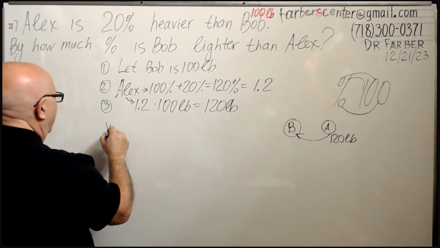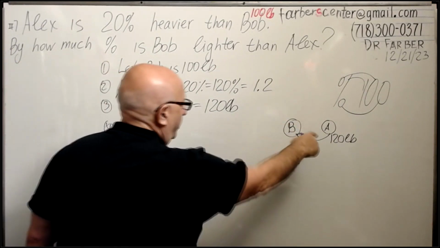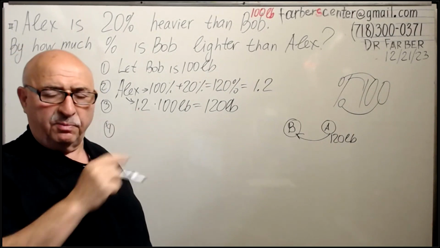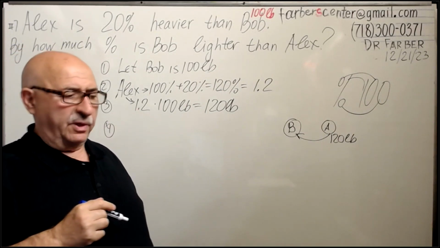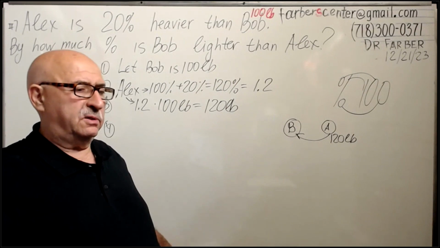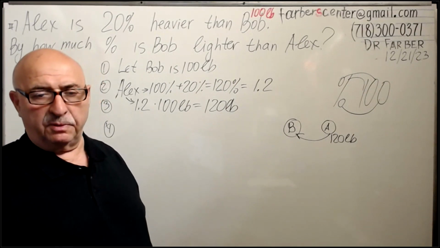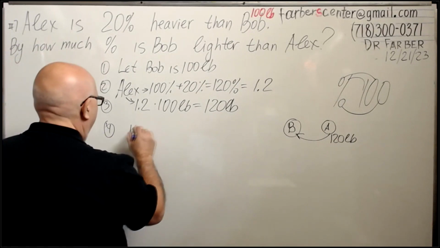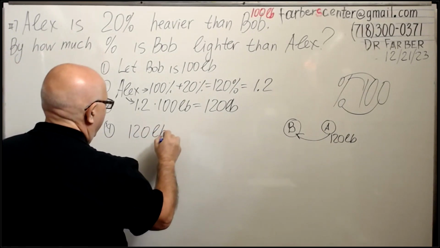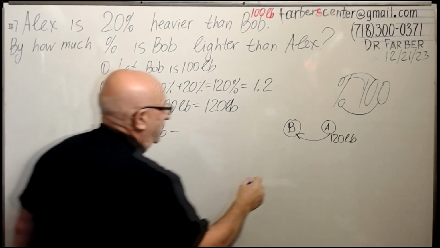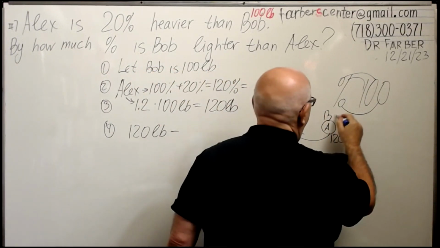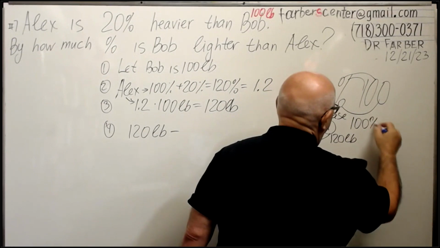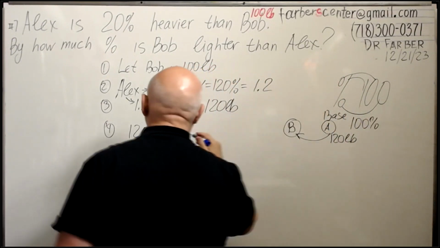So step number 4: the initial point, everybody understand this, right? Because we compare to Alex, he's our base, like in Paris they have a base, a meter made of special material. So 120 pounds is our base, and the base is always 100%.